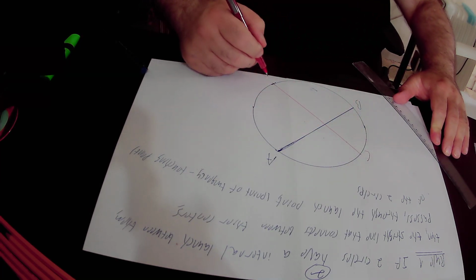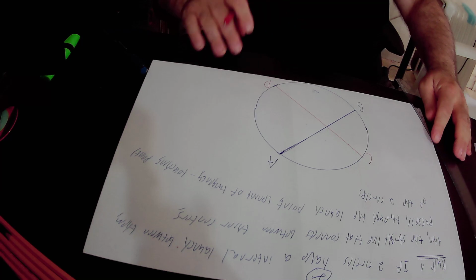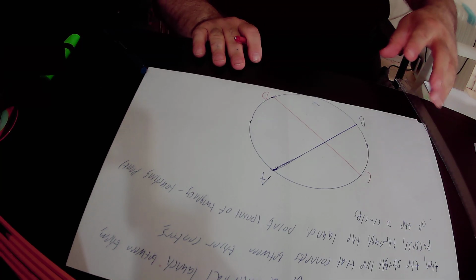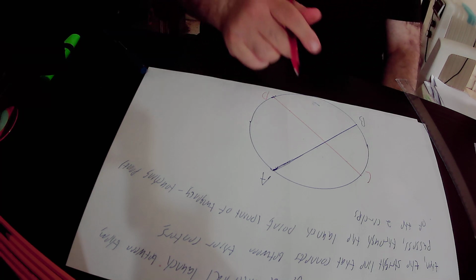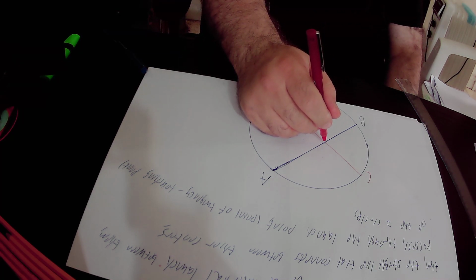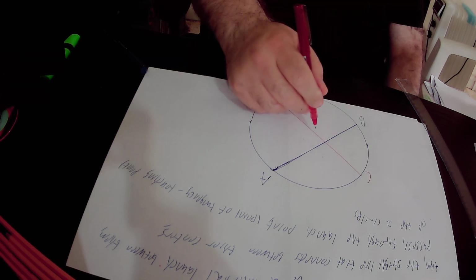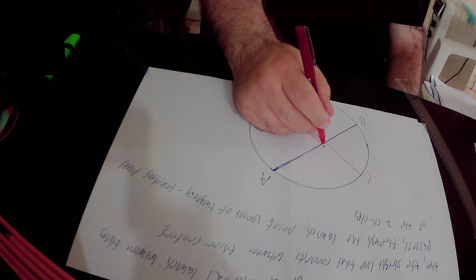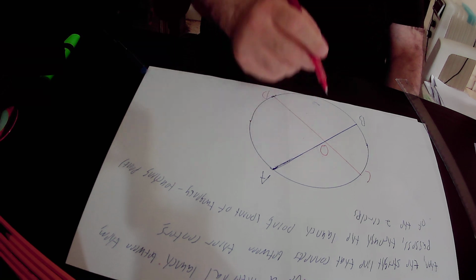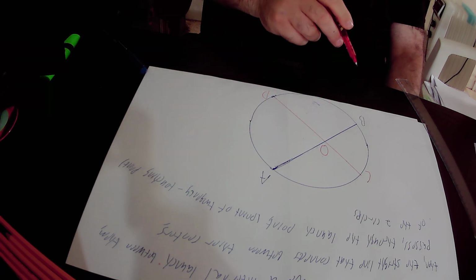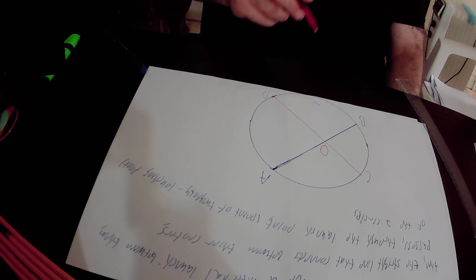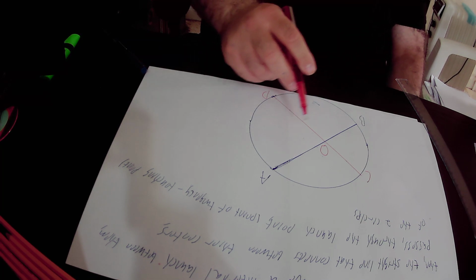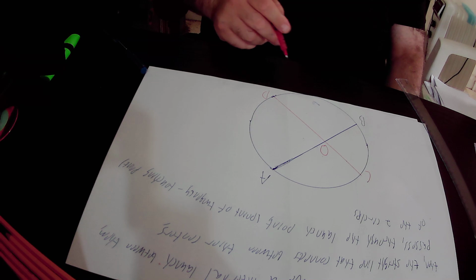This is chord CD, and you can see from the drawing that chord AB intersects with chord CD. At this point, we define the intersection point between those two chords as point O. Point O is the intersection point of chord AB with chord CD.